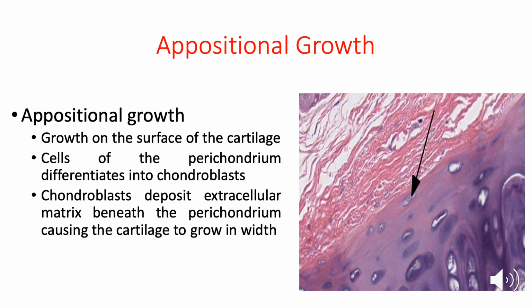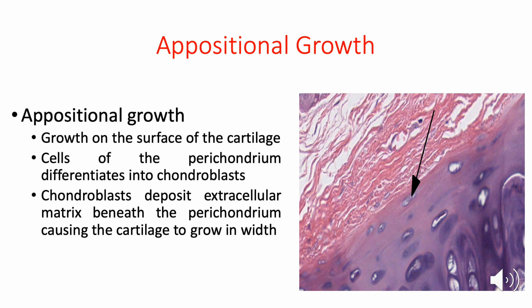Take note, perichondrium contains progenitor cells, and these progenitor cells can become the chondroblasts. These chondroblasts will eventually mature to form the elliptical chondrocytes that are found near the perichondrium. And as these elliptical chondrocytes migrate towards the center of the hyaline cartilage, they will start producing extracellular matrix.